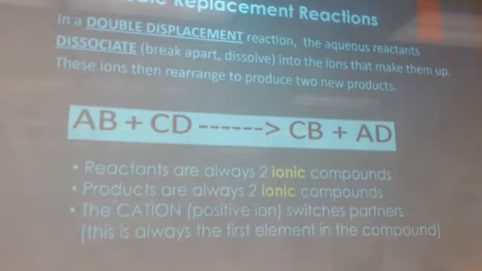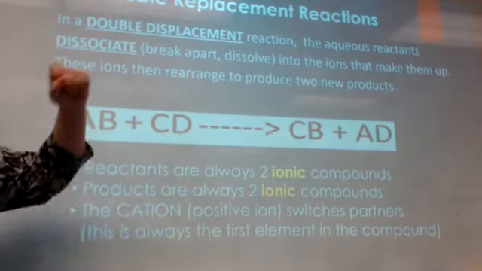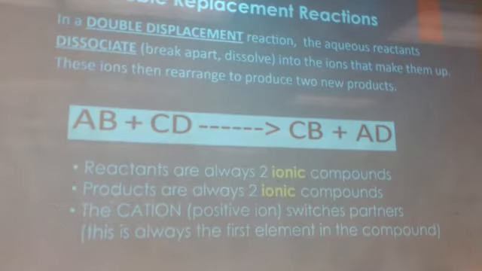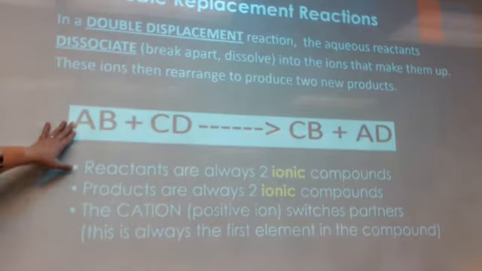When I say ionic compounds, what do we think of? Ions, which have charges. So when we work with these reactions, we will be working with the charges of the ions. Every single time we have double replacement, we will work with charges.